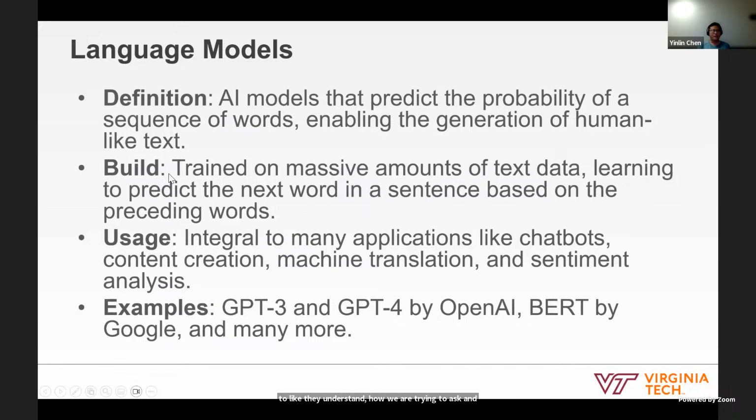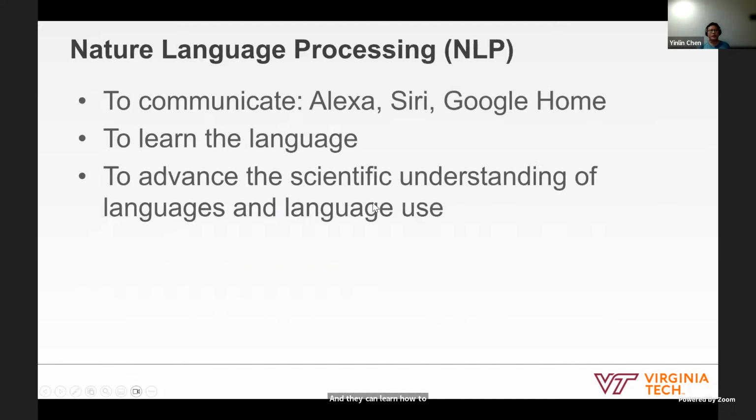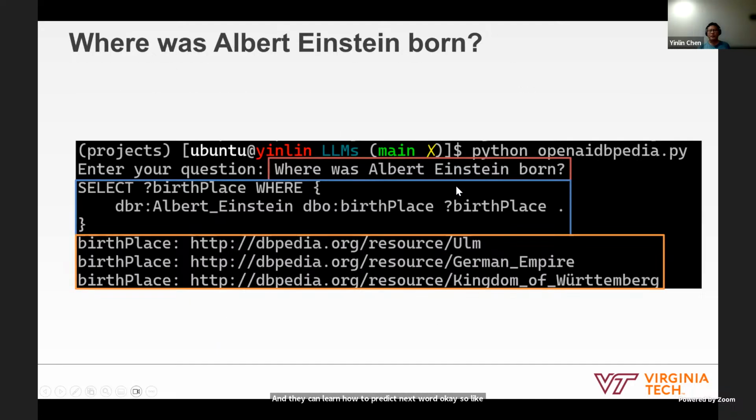And how do we build this? Generally, we use a lot of text data. Because it is a language, right? So we give a machine a lot of samples, and based on the sample data points and this text, they can learn how to predict the next word. Okay, so like in here, there's a language input, there's a text input, right? And this is a text output. Okay, this is returned by the machine.